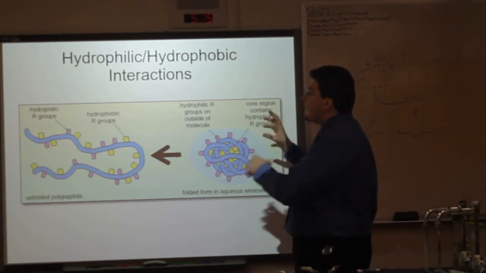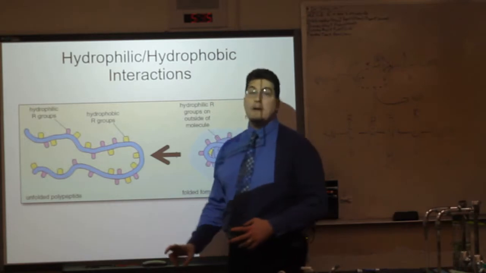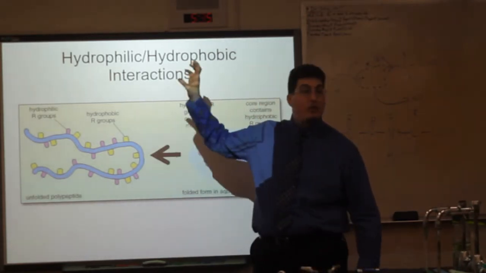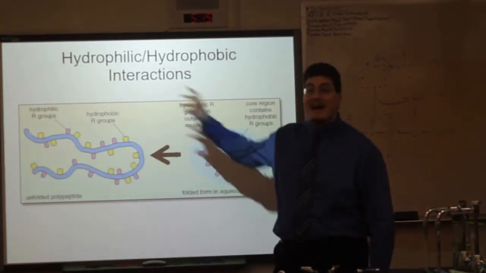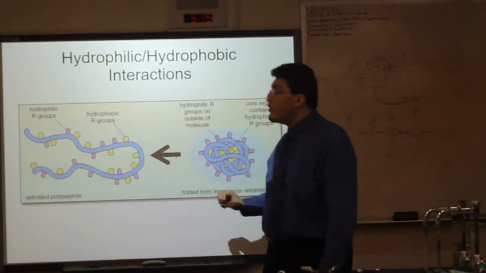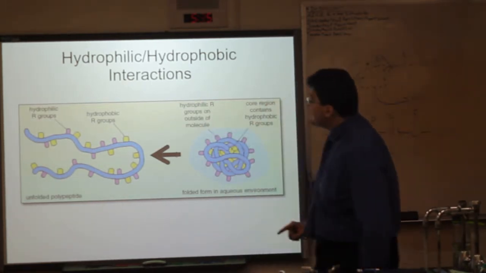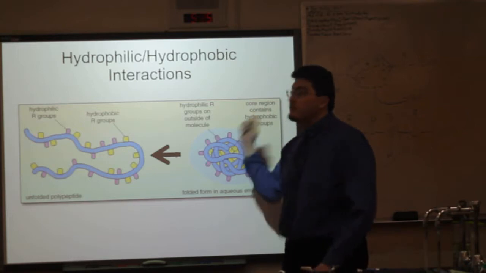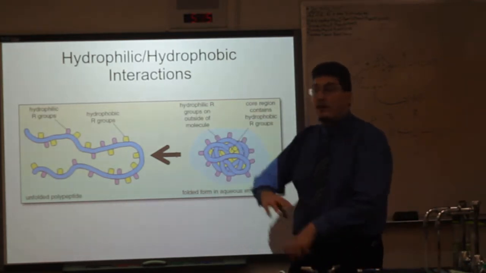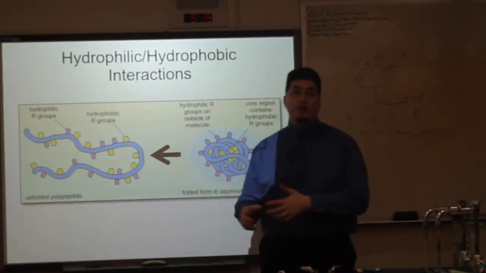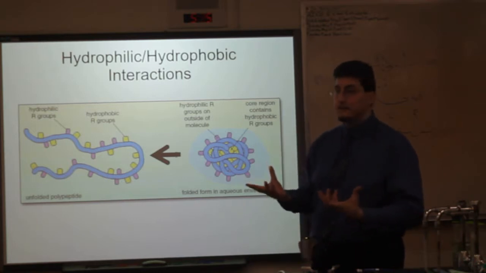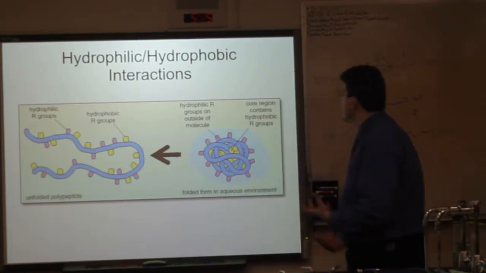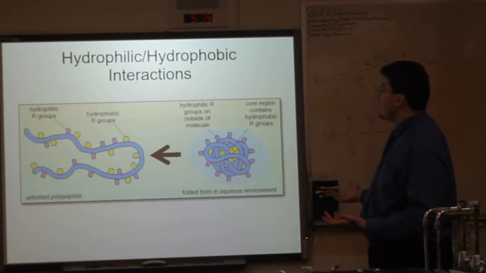Now, if I were to take this same unfolded polypeptide and put it into oil, for example, or gasoline, which is a non-polar solvent, I would have the opposite effect. My pink hydrophilic groups would face inward, and my hydrophobic R groups, the yellow ones, would face outward. The folding would be totally different.